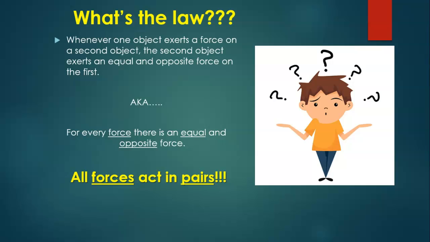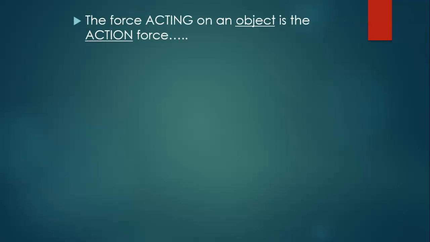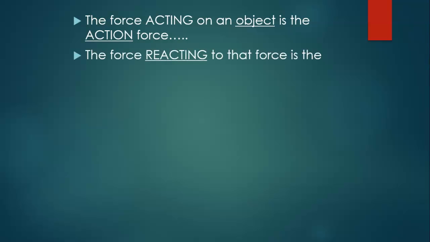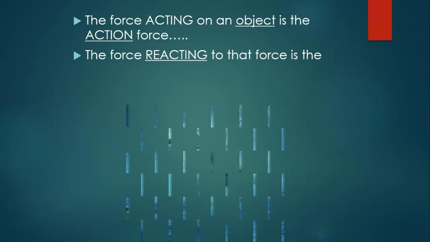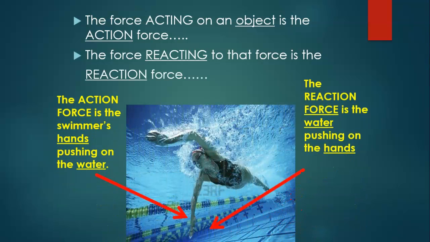All right, so let's take a closer look at it now that we know what it says. So there is a force that is acting on an object, and we call that an action force. Go figure. And then the force that is reacting to that action force, of course, is the reaction force. So let's take a look at our swimmer here for just a moment.